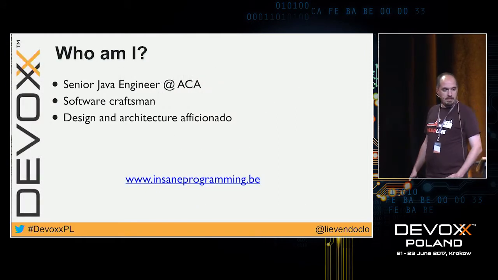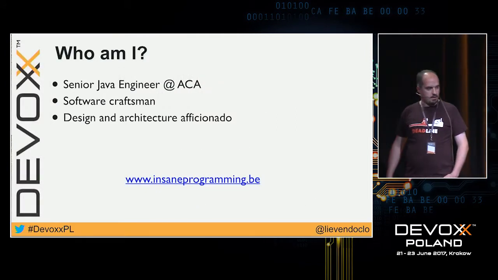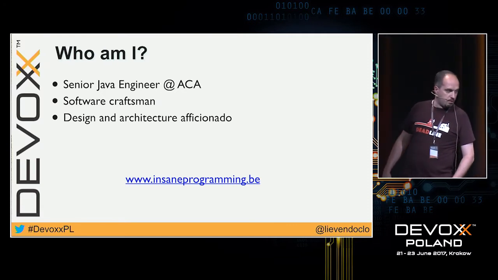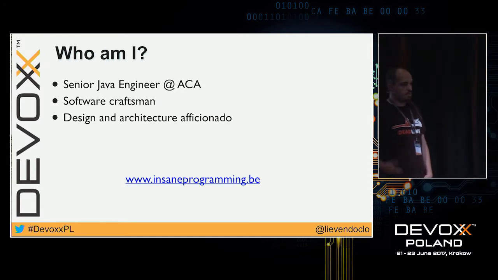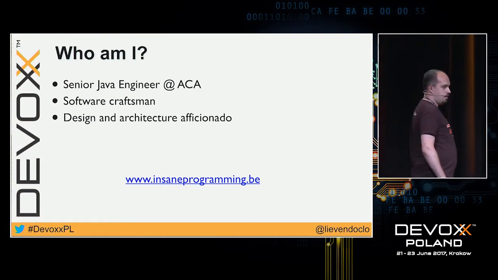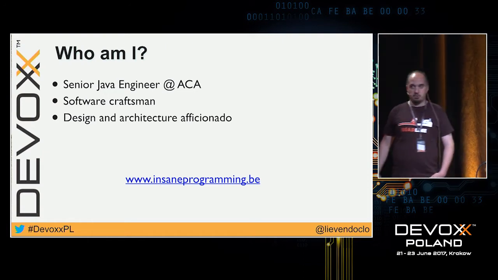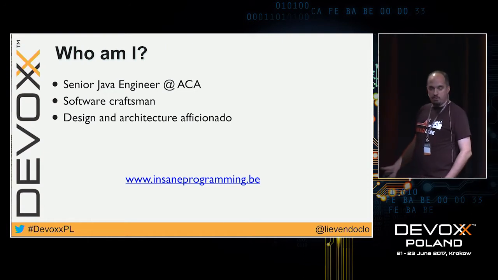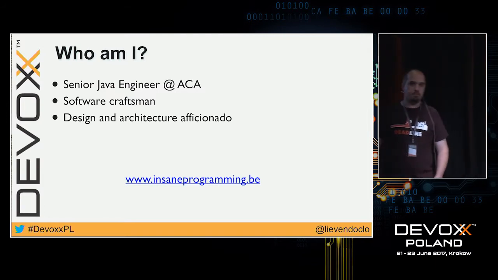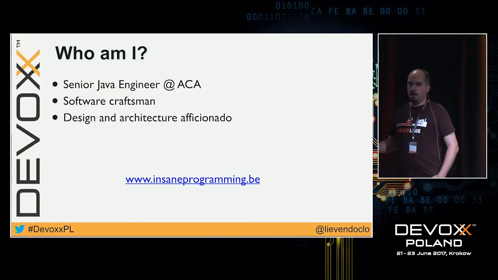The obligatory slide, who am I? I'm a senior Java engineer at ACIT Solutions, a software company in Belgium. I'm not an architect, I'm just a developer, but above all, I'm a software craftsman. What does that mean?